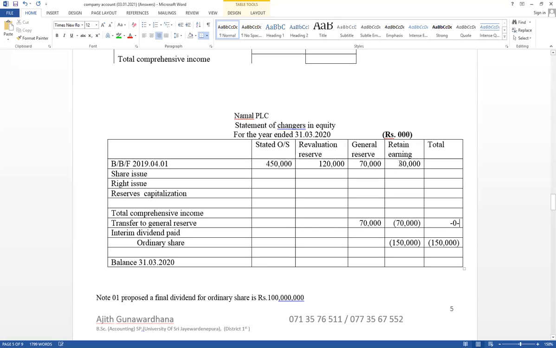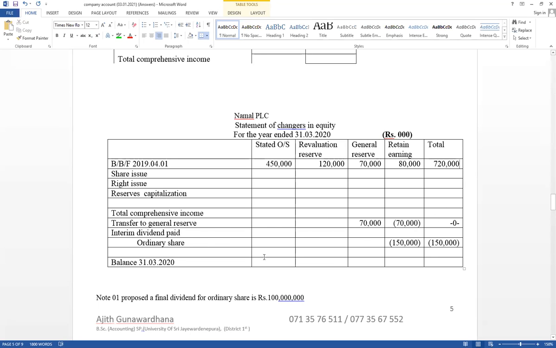And take the opening balance total value, which also should be included here. The total value should be calculated: 450 plus 120 plus 70 plus 80. Opening balance equal 720,000. Right, additional information first one, okay.